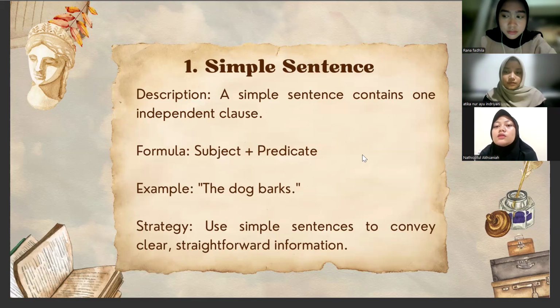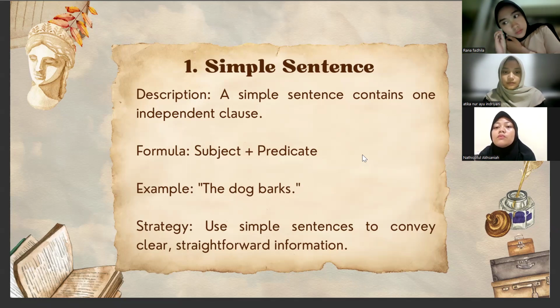Okay, the next chapter is structural classification of sentences. The number 1 is simple sentence. A simple sentence contains one independent clause, and it has only one subject and one predicate.